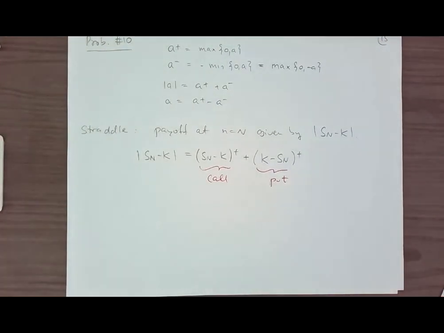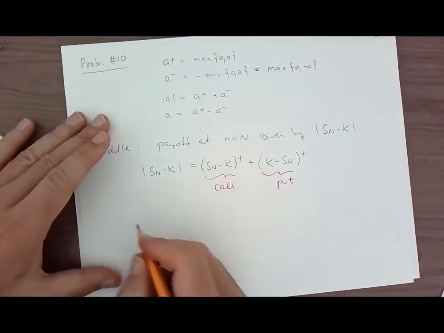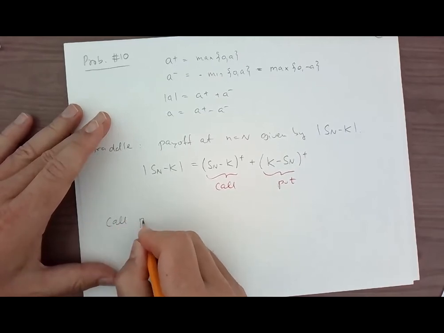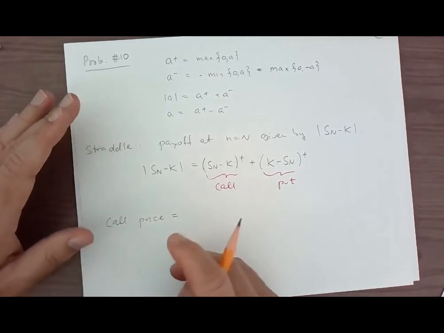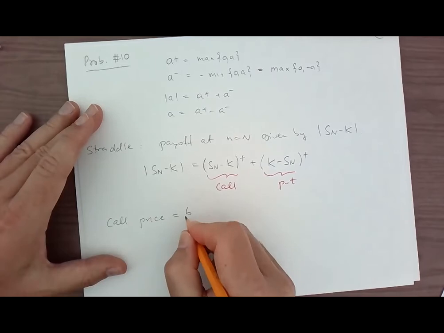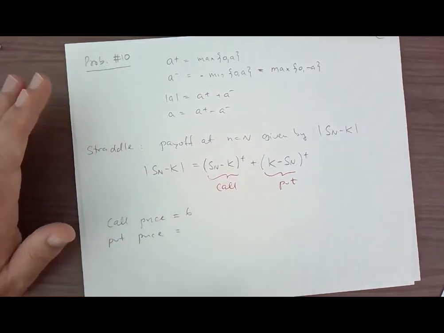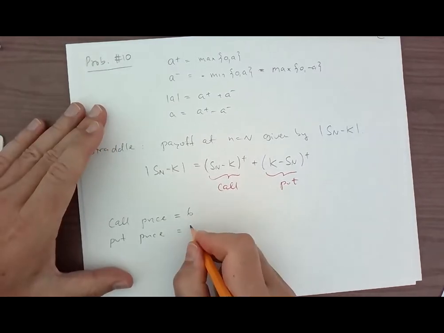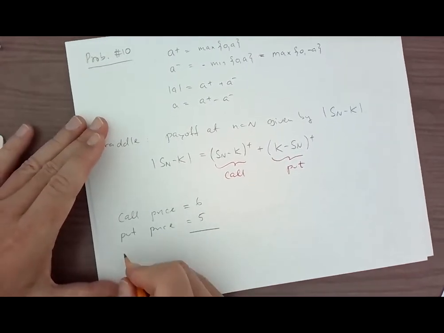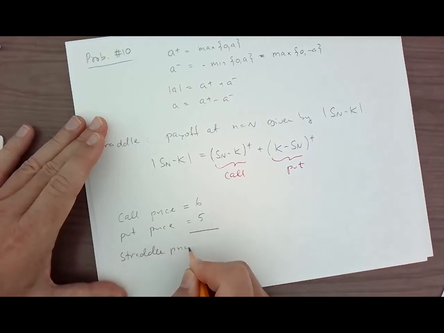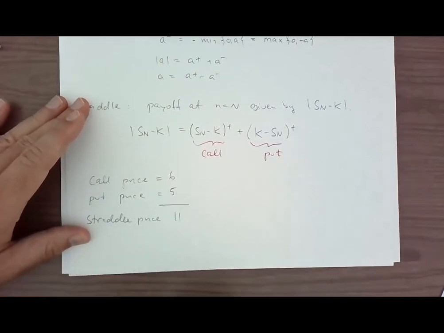And so what you're given in the problem is that the call price equals, what was it, 6, and the put price, what was the put price in the problem, it was 5. Right, so then the straddle is 11.